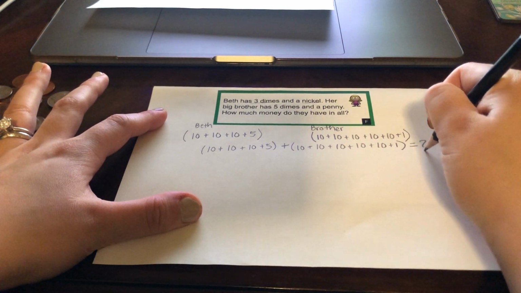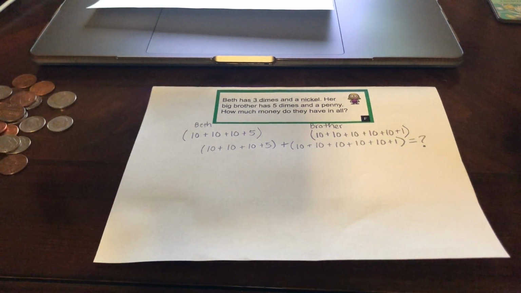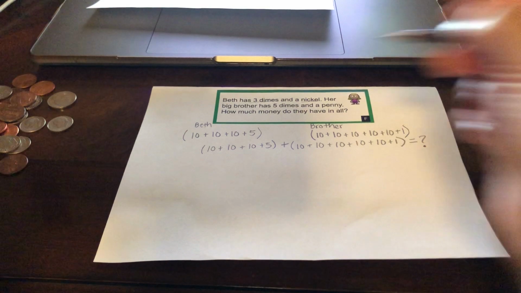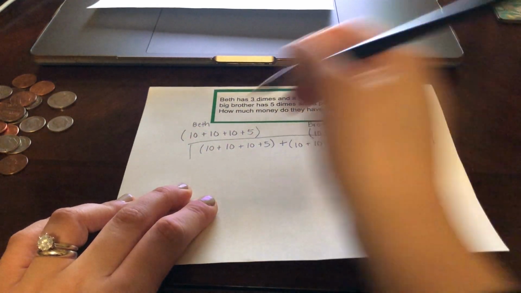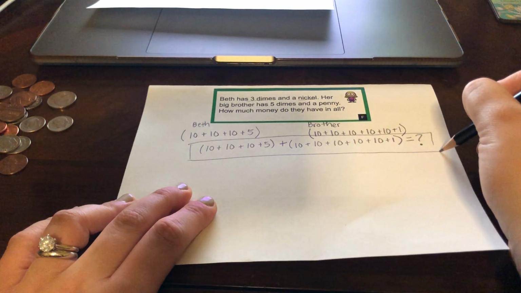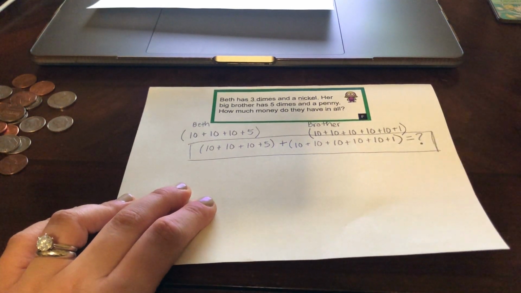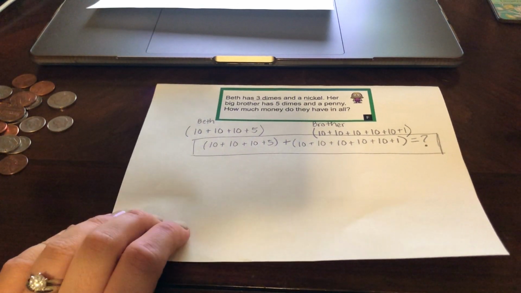And I don't know what the total is, so I'm going to put a question mark. All right, so this is my equation. It looks kind of long, but it's going to help me think about how to solve this money-related problem.